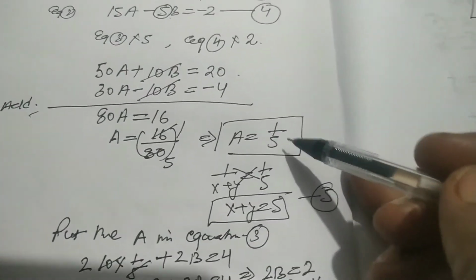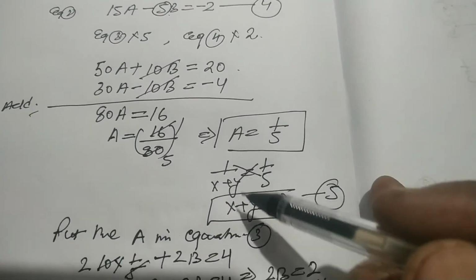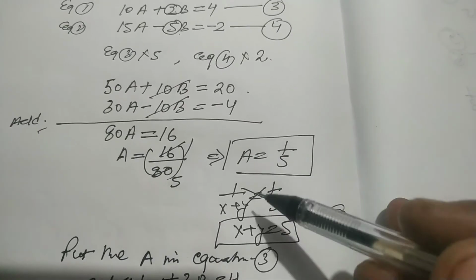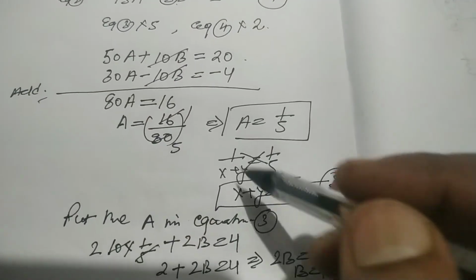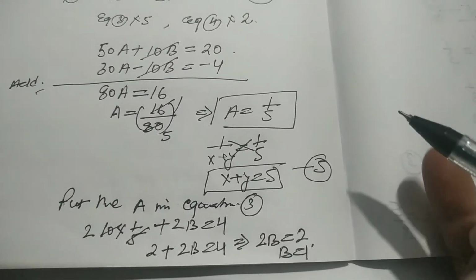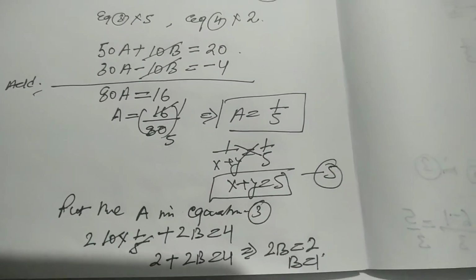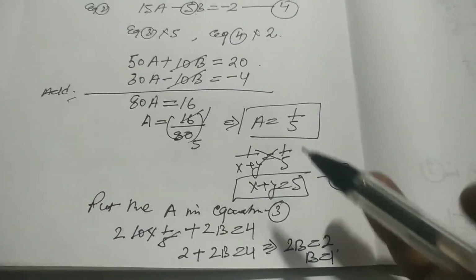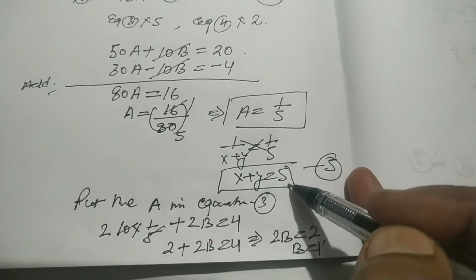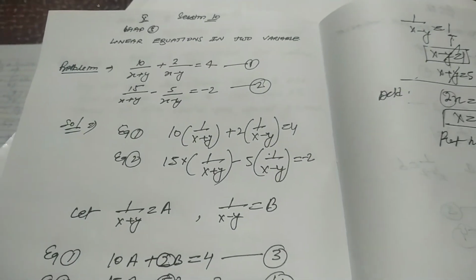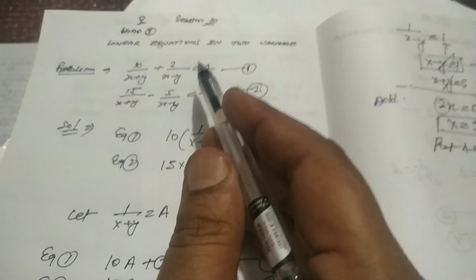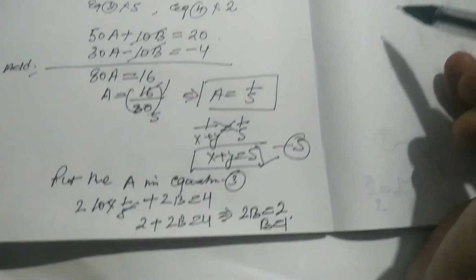By elimination we solve equations third and fourth. We get a is equal to 1 upon 5. We need not find a itself, we basically need x plus y, and this is 1 upon x plus y, equal to 1 upon 5. Cross multiplying we get x plus y is equal to 5, another equation in two variables. Then put the value of a in equations third and fourth.